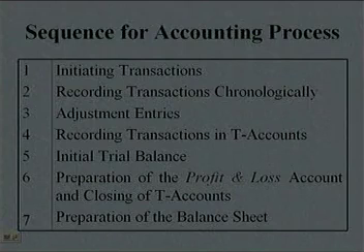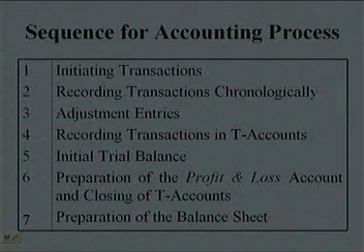So, we were discussing the ledgers, journals as well as cash books. Now, the sequence for the accounting process was discussed in the previous lecture. We defined it as a 7-step process, starting with initiation of transactions, then recording of those transactions in a chronological manner, then taking into consideration certain adjustment entries, then recording transactions in T accounts.